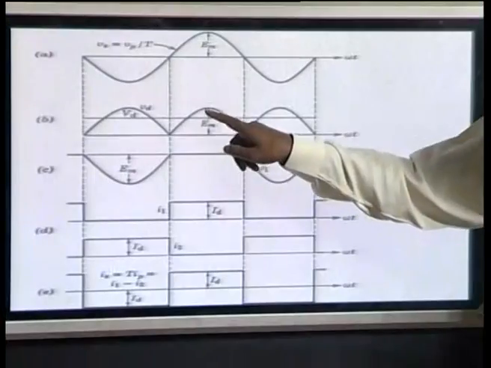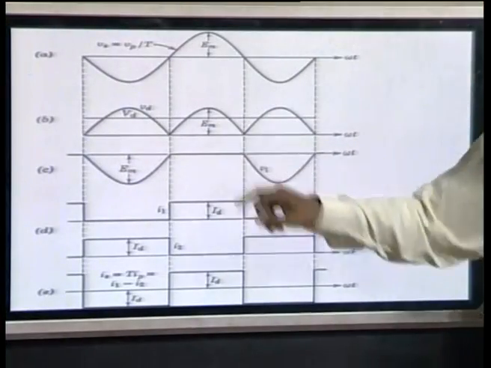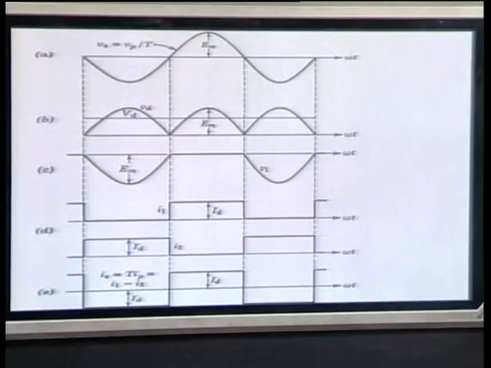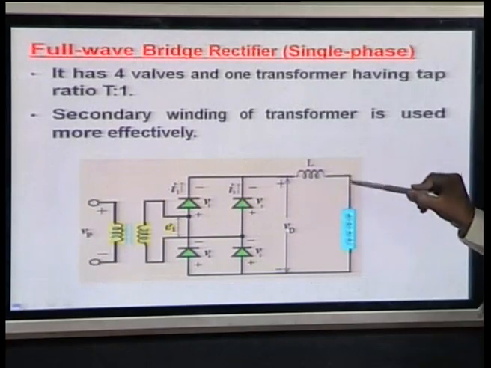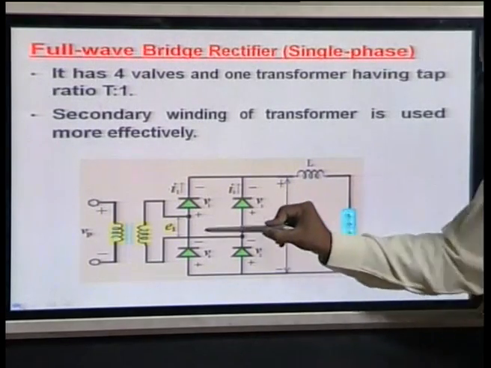Now, here you see that 2 valves are conducting in a pair, as per the numbering which we have denoted here. In the first way valve 1 and valve 2 are conducting, which means in the positive half this is going to be positive, this is conducting and the current is flowing here and going back.